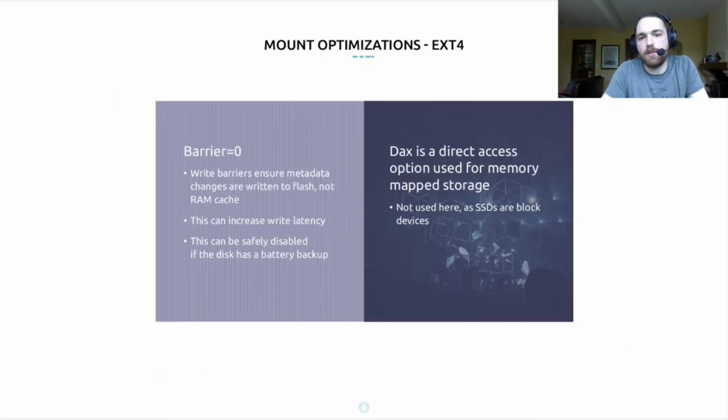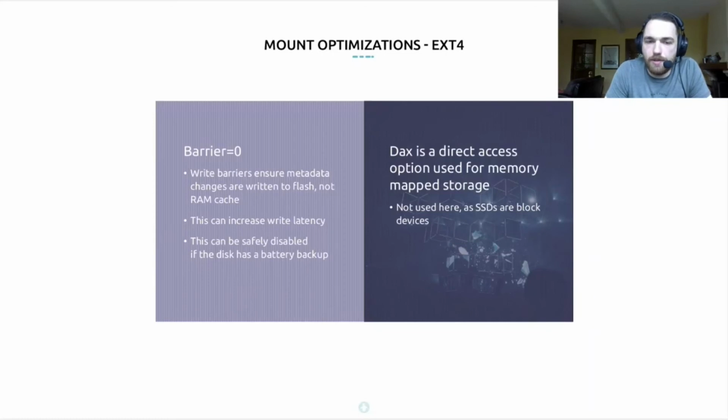Because it's an interesting file system in terms of reliability, we try to see how we could increase its performance for our use case. So a first thing to see is the write barriers. Write barriers are basically a system that ensures that the metadata changes are written to the flash and not to the RAM cache. This is done to prevent, typically in the case of a power loss, the metadata changes from being lost in the RAM cache, so that you cannot restore your file system properly.